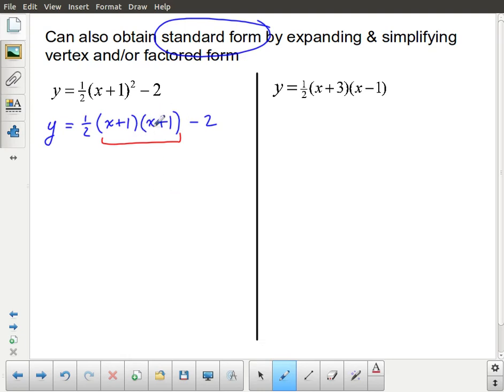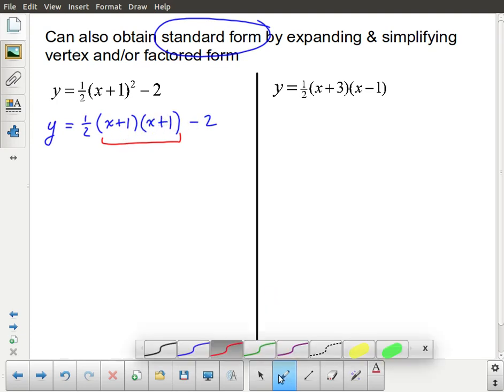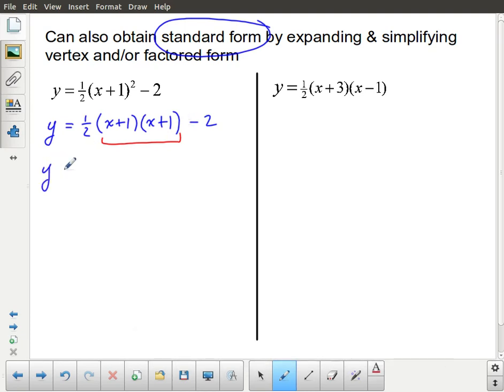Now, I'm going to be reviewing this expansion in a future lesson, so if what I go through here feels a little bit unfamiliar, it is something that you did in grade 10. I'm going to be reviewing it again, but I'm not going to go through it in a lot of detail right now because it is in an upcoming review lesson. The way I'm going to do this is using FOIL: first, outer, inner, last.